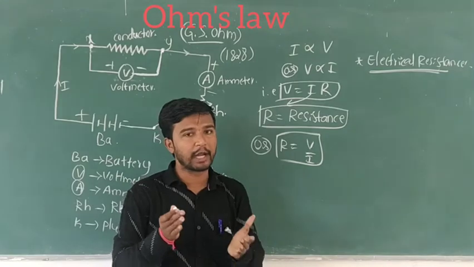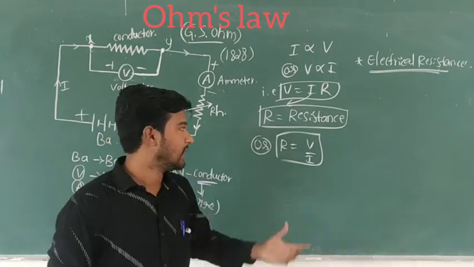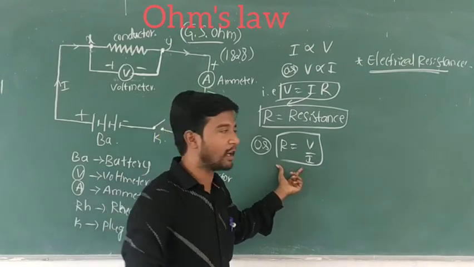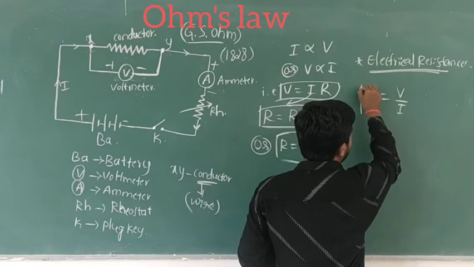The ratio of potential difference V to the current through it I. This is the definition of resistance. R equal to V by I.